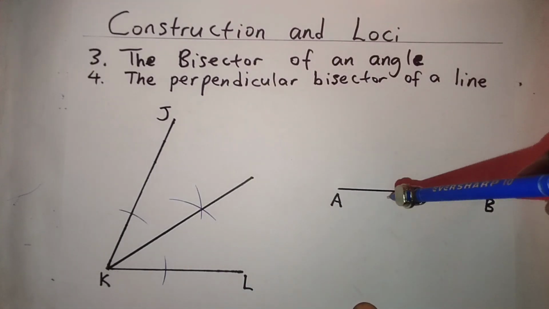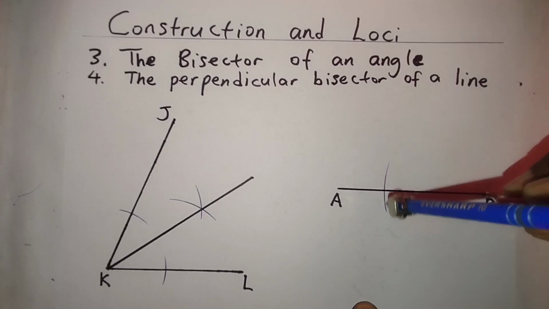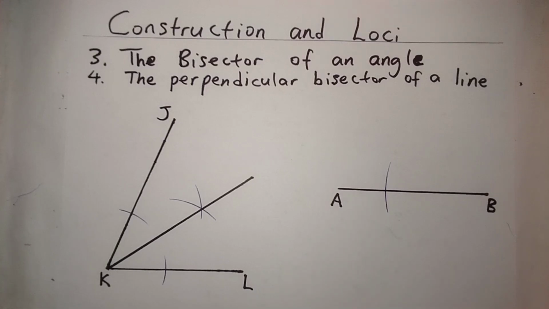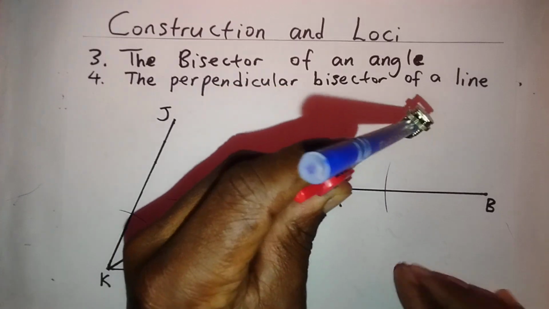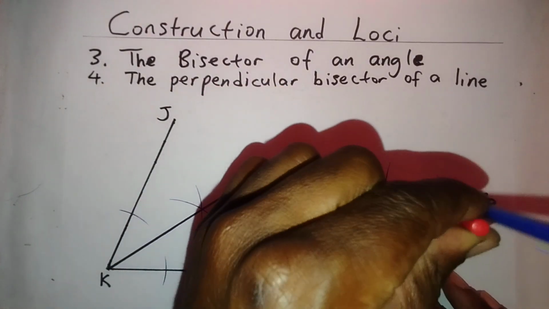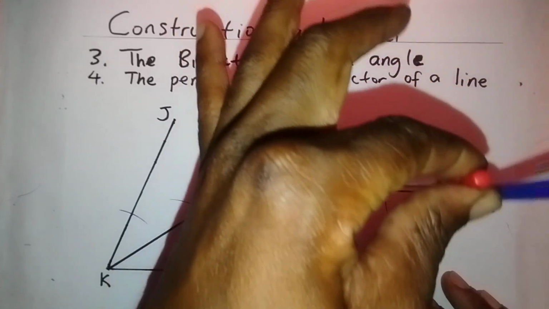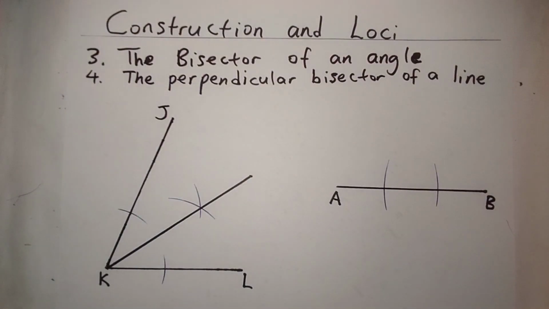I'll draw an arc on AB closer to A. Without changing the radius, with B now as my center, I'll draw another arc on AB but closer to B, like this.